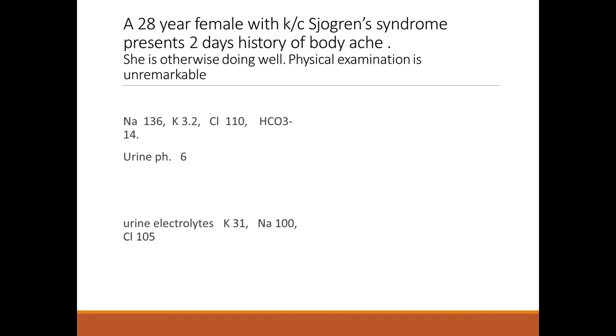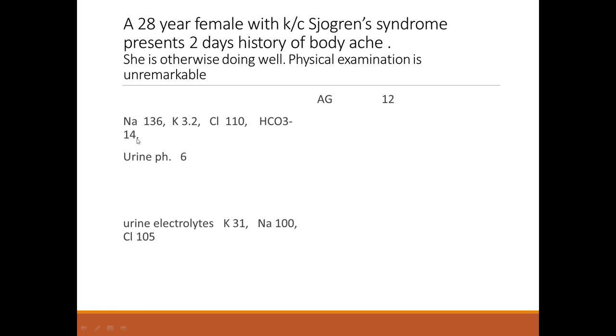Here we see the electrolytes: 136 sodium, 3.2 potassium, and chloride and bicarb as given, and urine pH is 6, and urine electrolytes. Certainly we are dealing with renal tubular acidosis. Anion gap is normal, which is suggestive of renal tubular acidosis.